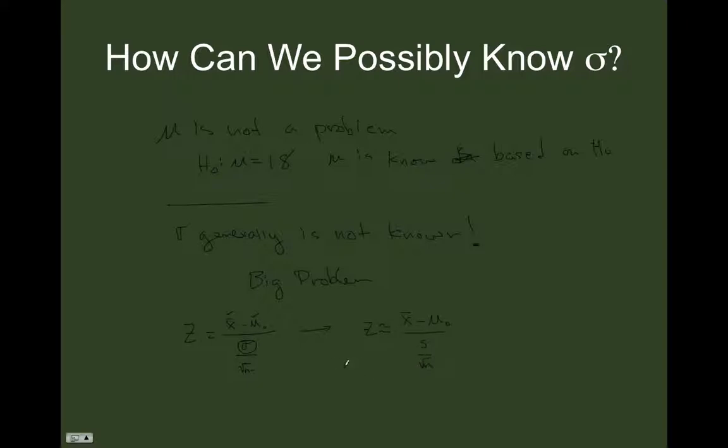And the assumption that we're making here is that sigma is being approximated by s, okay? And then again, in either case, we know z's distribution because z always has a normal distribution with a mean of 0, standard deviation 1. So again, we call this the standard normal distribution.